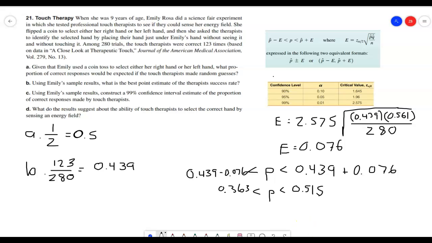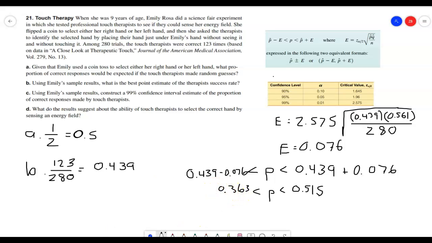Because if anybody has a 50% chance to do it, at the very best, they're at like a 51% chance, right? At the very best. So the results from this show that they probably don't have much ability to sense energy fields. That's kind of what this science experiment here shows.